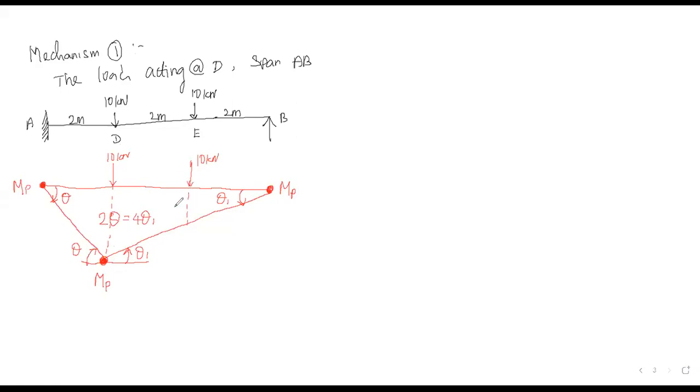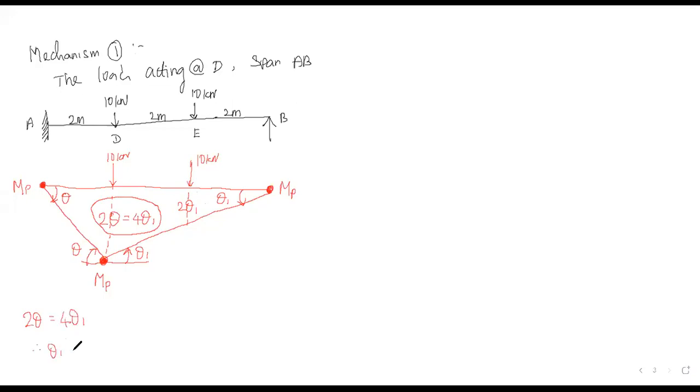So this height is nothing but 2 theta 1. Now I have to convert theta 1 in terms of theta. For that I am going to use this relation. So 2 theta is equal to 4 theta 1.